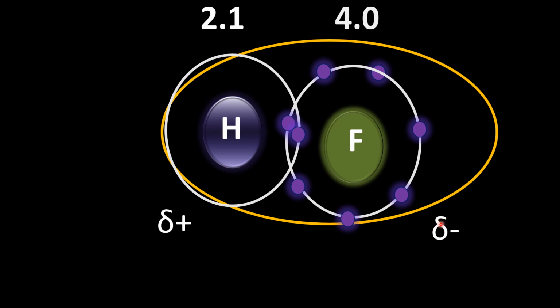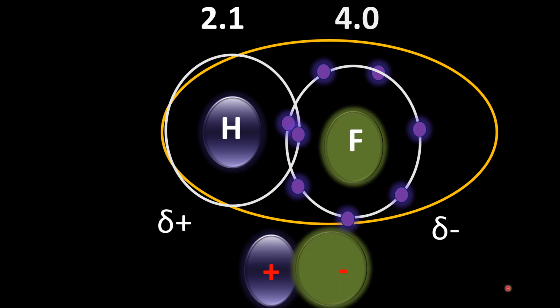So this makes the fluorine end of the hydrogen fluoride molecule partially negative and the hydrogen end partially positive. So we can say that hydrogen fluoride is a polar molecule, having one side partially positive and the other side negative. So it is called polarized.